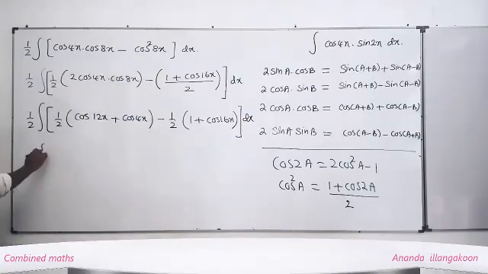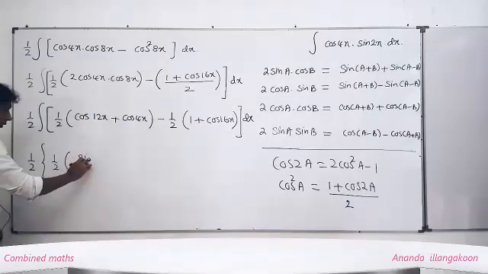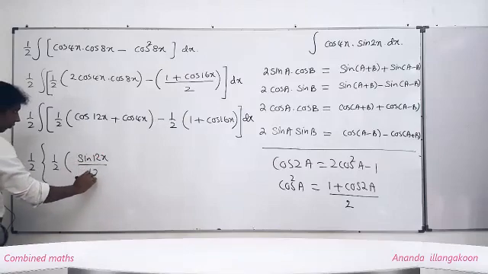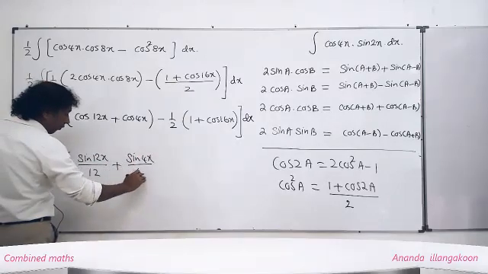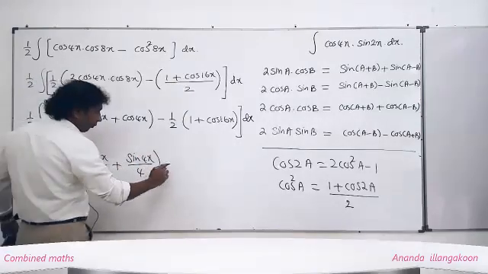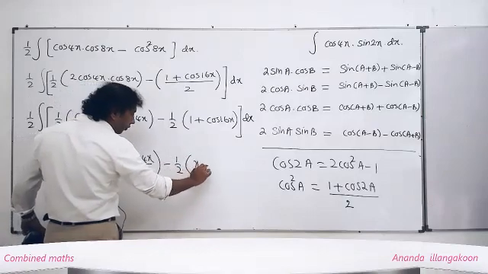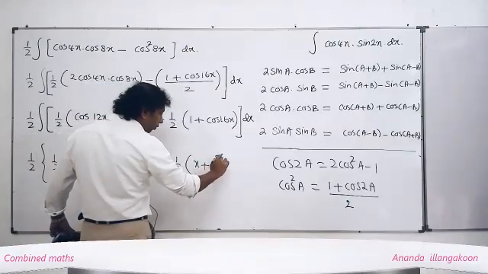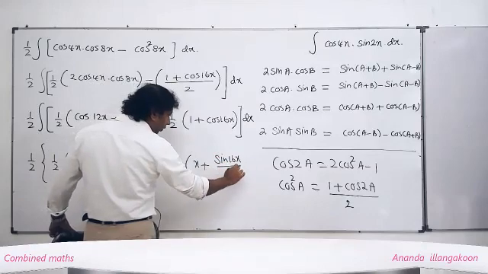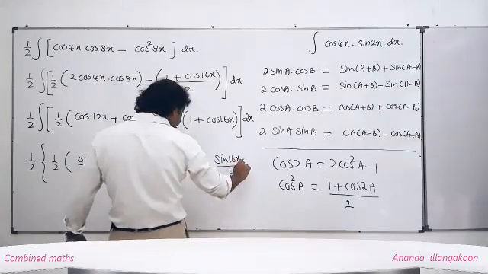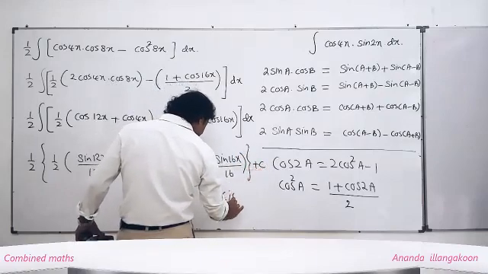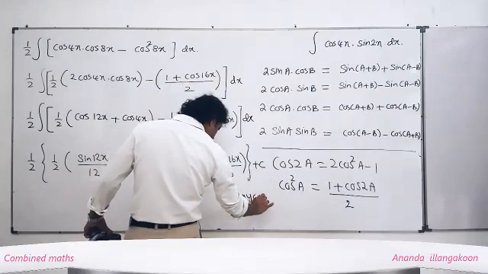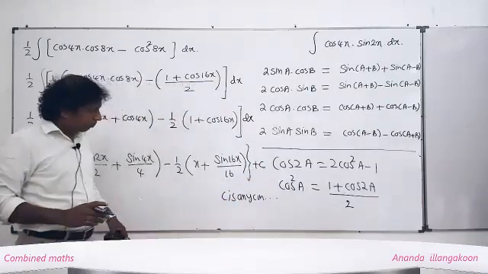Here is half. Here half. Here sin 12x by 12. Sin 4x by 4. Half x, sin 16x by 16. Plus C, C is any constant.